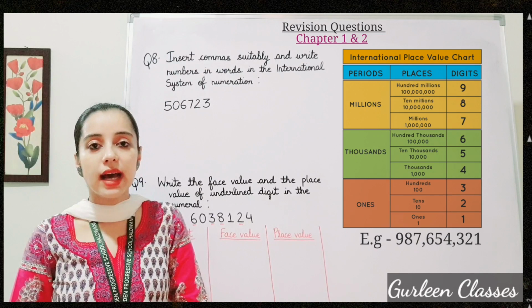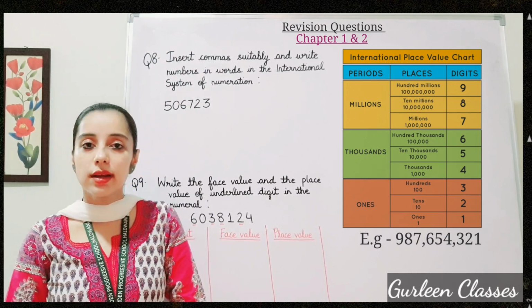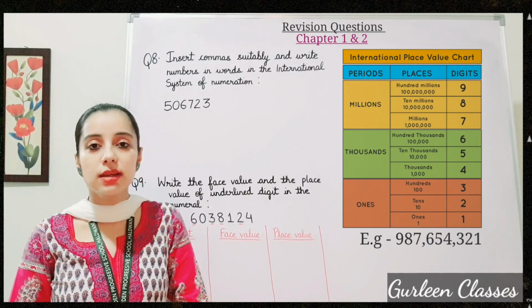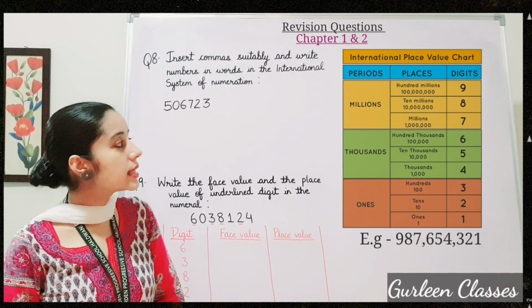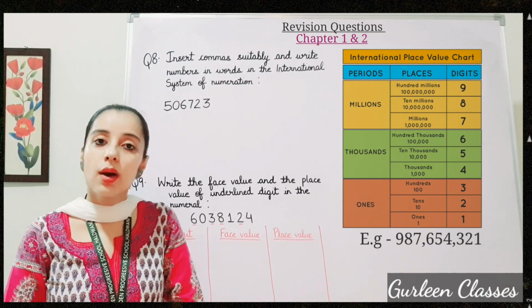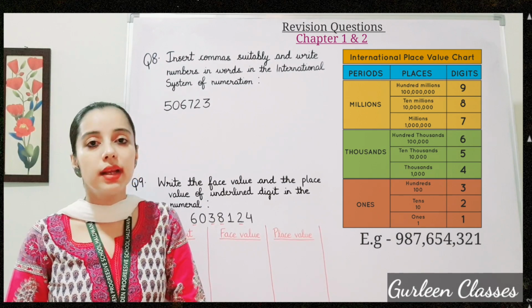The millions period has 3 places: 1 million, 10 million, 100 million. In the International Place Value System, we place commas after 3 digits from the right.